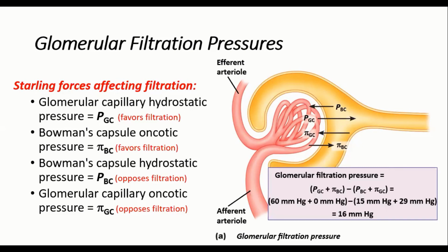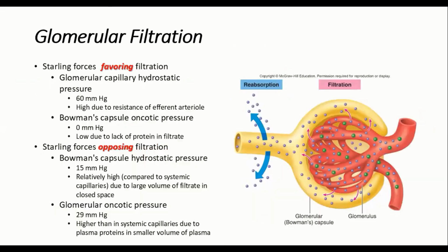So we had our forces favoring filtration, which are the pressure of the blood going through the glomerulus, or the glomerular capillary hydrostatic pressure, same thing. And the pressure of the proteins in the filtrate in Bowman's capsule, of which there aren't too many, so it's kind of low, but favors filtration, the Bowman's capsule oncotic pressure. And then we had the reverse opposing filtration.